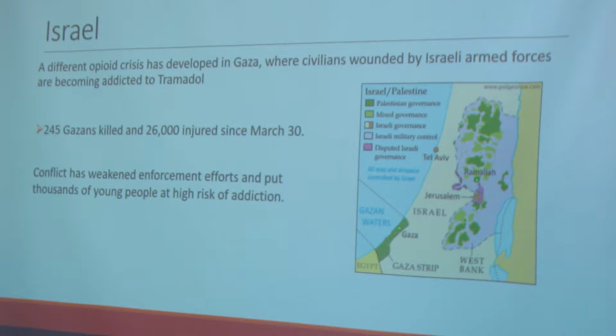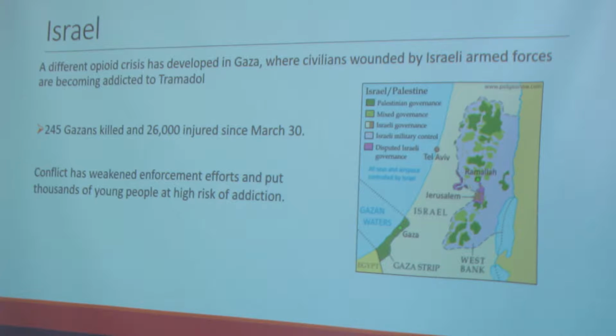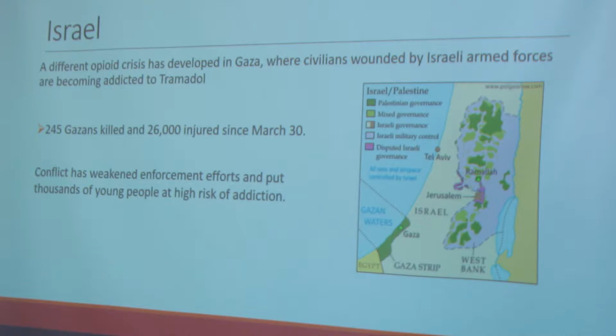So just as a conclusion, not only is the opioid epidemic prevalent in the United States, both due to recreational abuse and people being prescribed it for pain and then becoming addicted, but it's also prevalent in other countries for various reasons, like just society in general becoming accepting of it as a way to get through the day, or as a means to escape from the pain of conflict and other things.